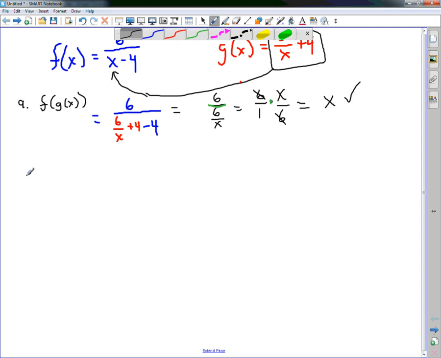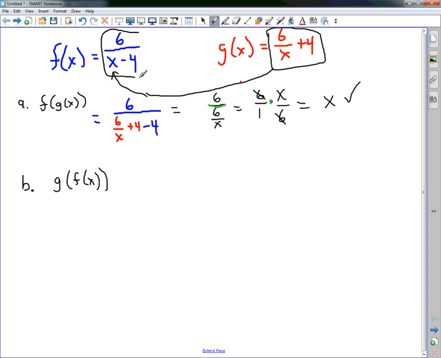So part B, we have g of f of x. Now what this means is we're working the opposite direction. We're going to take the f function and drop it into the g function. Okay, so our g function is 6 over x plus 4.